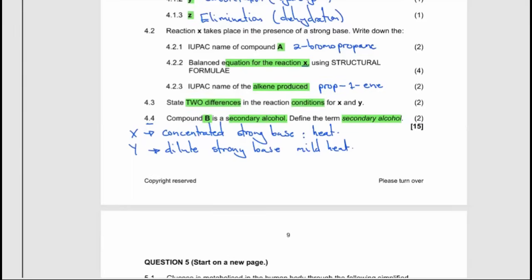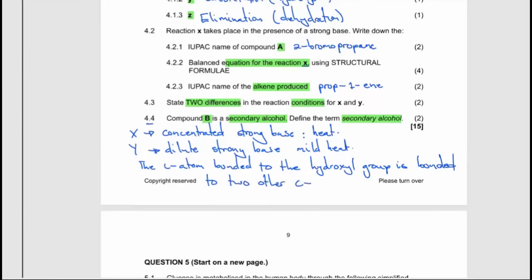So by definition, we're going to say a secondary alcohol is when the C atom bonded to the hydroxyl group is bonded to two other C atoms. Okay, so that's how we go about that question.